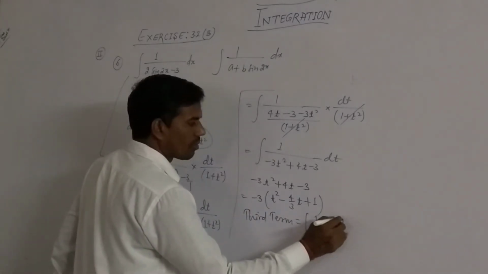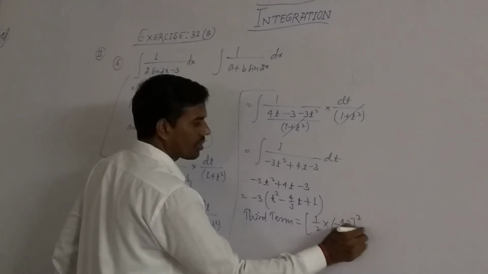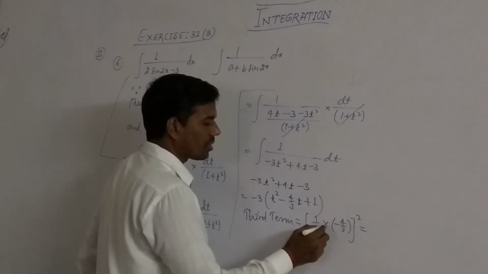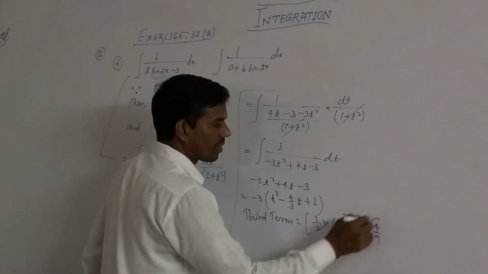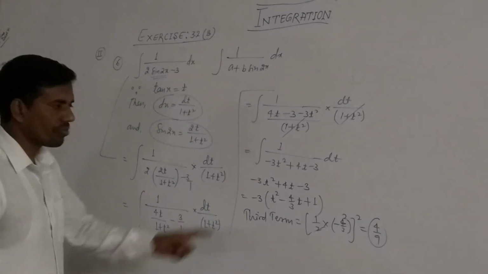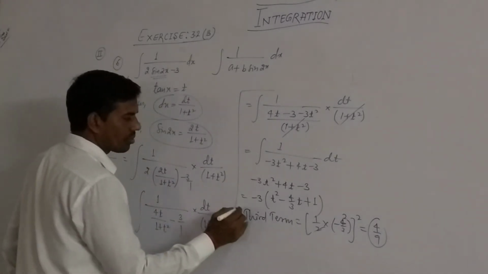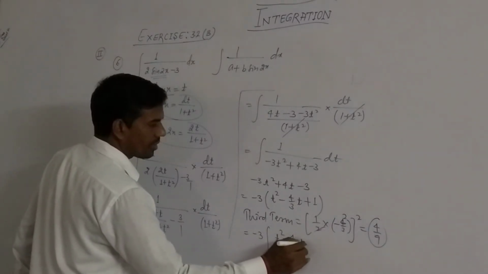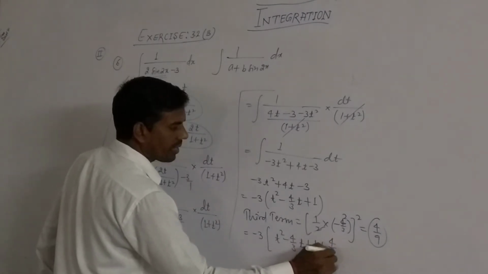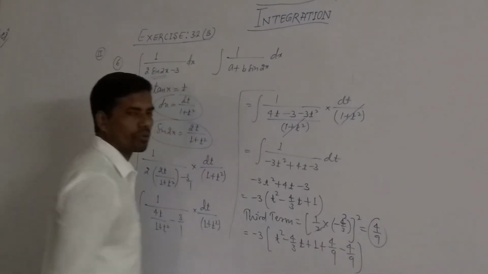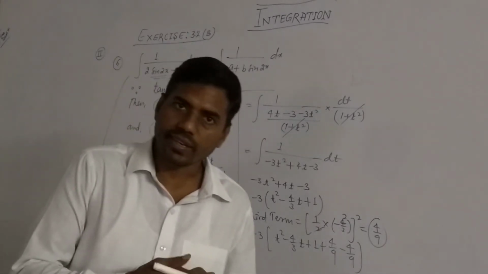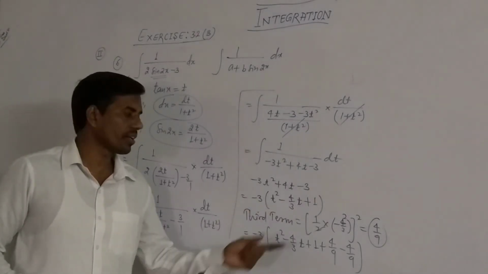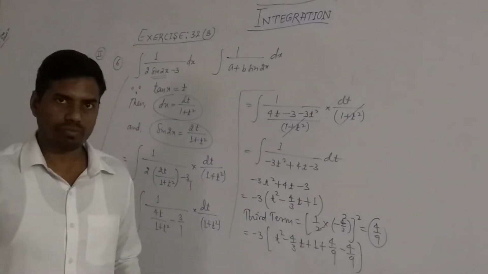The coefficient of t is minus 4 by 3, so half of it squared is 4 upon 9. So the third term is 4 by 9. So this is equal to minus 3 times t square minus 4 by 3 t plus 1, adding and subtracting our third term, 4 by 9 and minus 4 by 9.